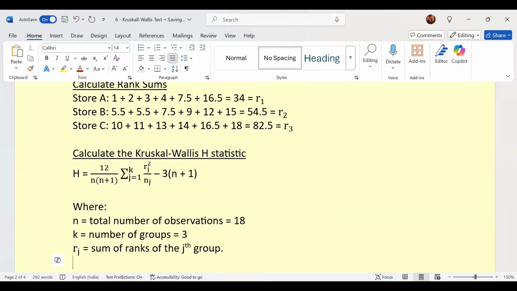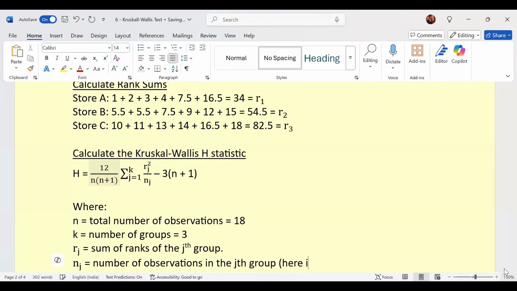Then nj is the number of observations in the jth group.